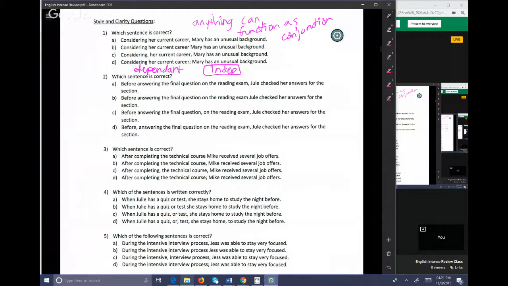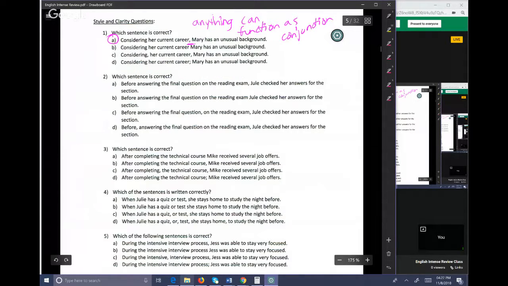I could not just say considering her current career and then stop speaking there, because you wouldn't know what I was getting at. If I have a dependent clause at the front of the sentence and I have an independent clause right after it, there's going to be one punctuation that's used, and that's going to be the comma that is always present to separate an independent and a dependent clause from one another.